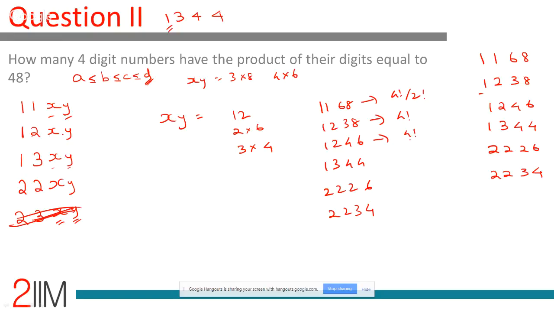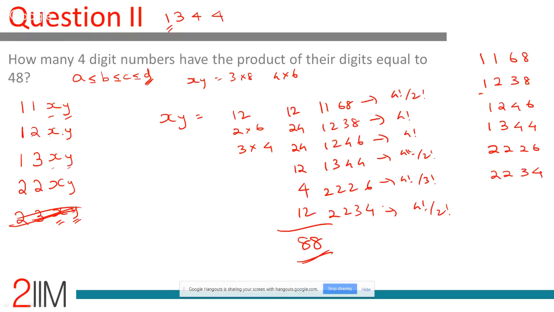This can be done in 4 factorial ways. 4 factorial by 2 factorial. 4 factorial by 3 factorial. 4 factorial by 2 factorial. So it's 12 ways, 24, 24, 12, 4, 12. Add all of this up, got your answer. 12 plus 24, 36, plus 24, 60, 72, 76, 88.